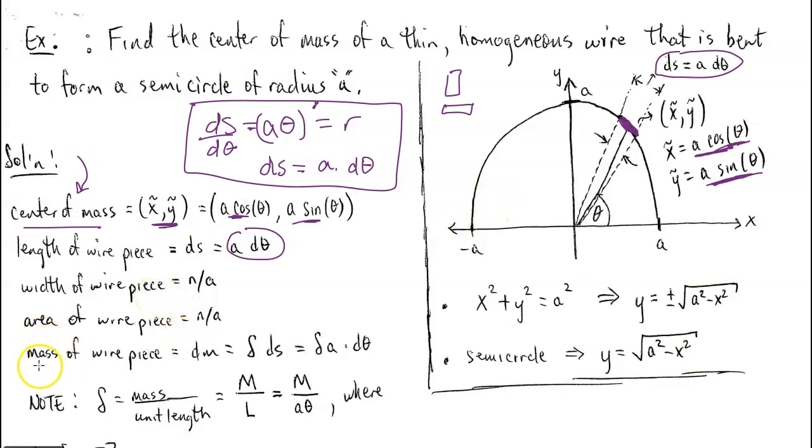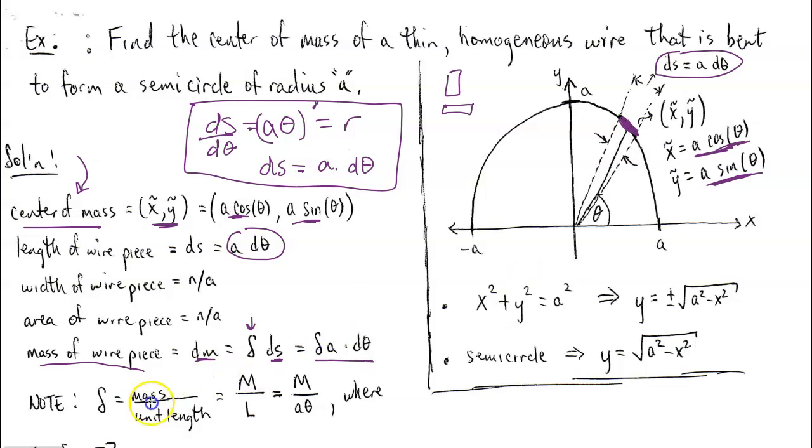As for the mass of this one-dimensional piece of wire, that would be dm, which is the density, delta, times ds in this case, because the only thing we have to go by here is the actual length. That will be the density times the radius times d theta.